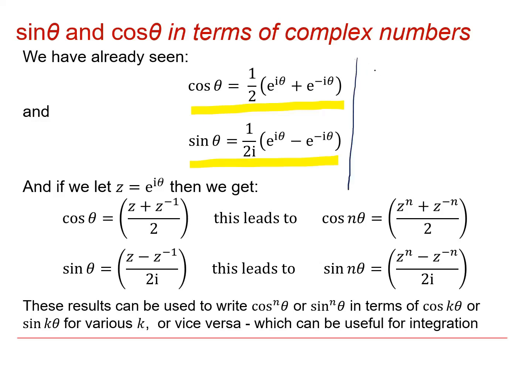If I have a look at z to the n, that's really e to the i n theta. And z to the minus n is e to the minus i n theta.